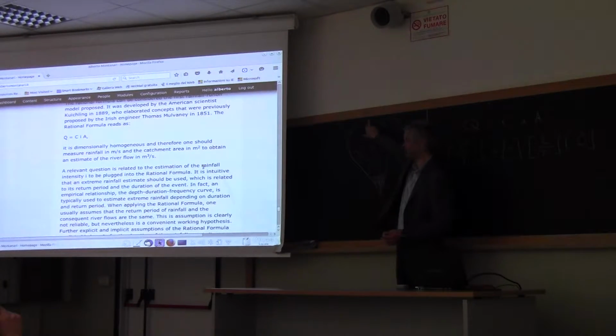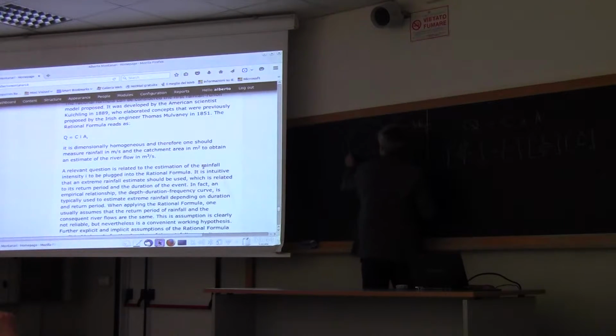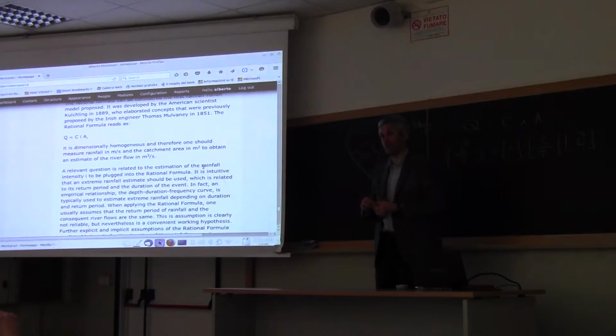And you still don't have the contribution from the very far points. And then after another time, you get maybe this contribution. But still, you have small areas contributing at each time. You never have the superimposition of the contribution from the whole catchment.